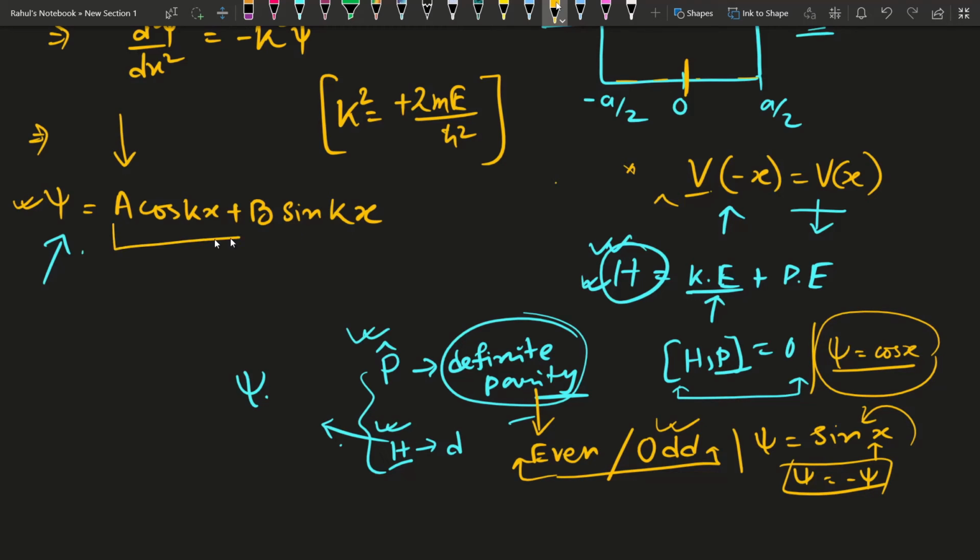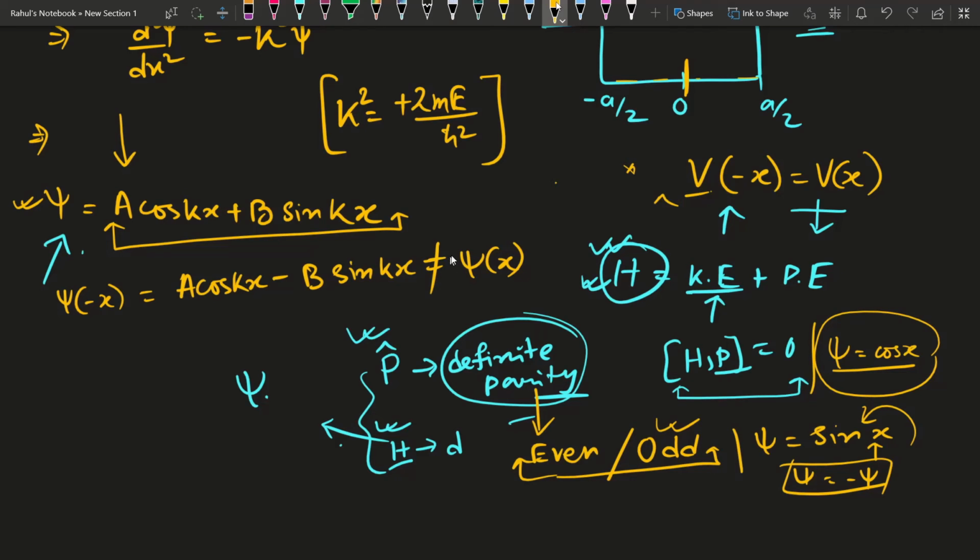But what to say about this thing? This is a combination of sine and cos. So if you put psi of minus x, you will get a cos kx minus b sin kx, which you cannot write in terms of psi of x anymore.